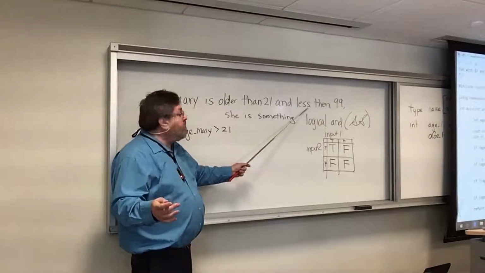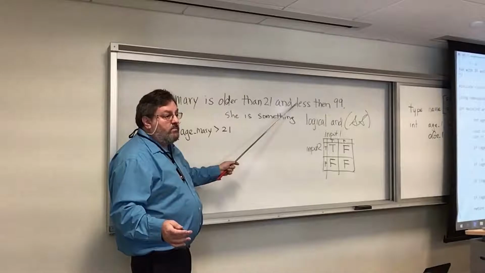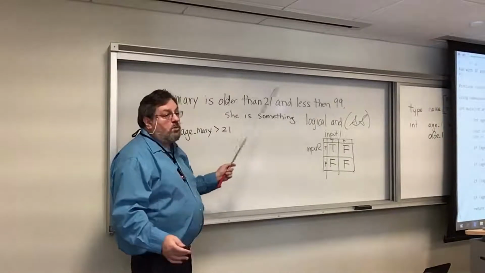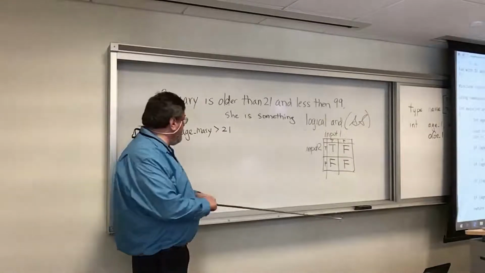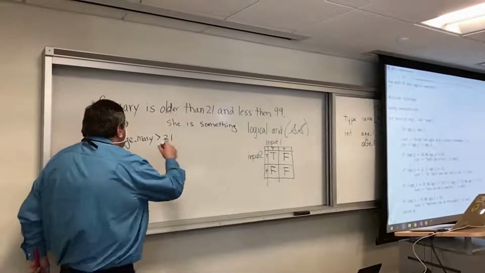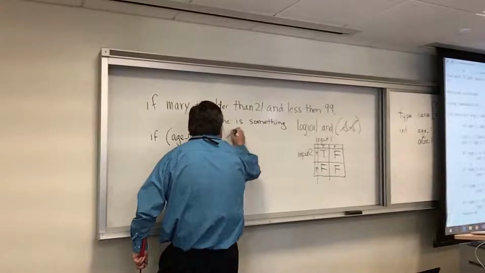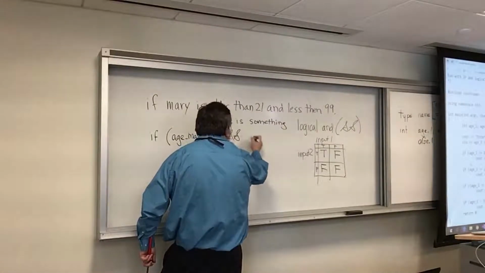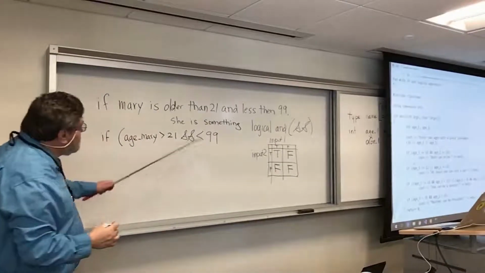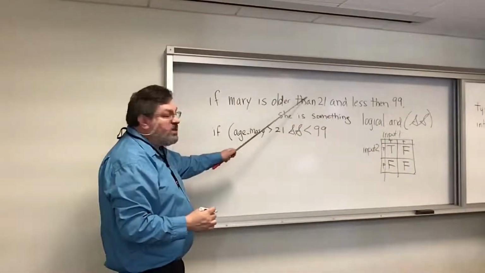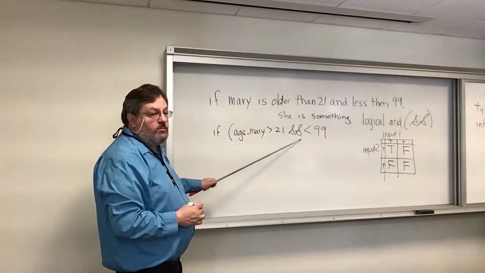Mary, right? But Mary isn't mentioned here. So in English, this is normal. But you can't do that in our programming language. So you can't say and less than 99. This is a kind of a translation of the English. This is not allowed.